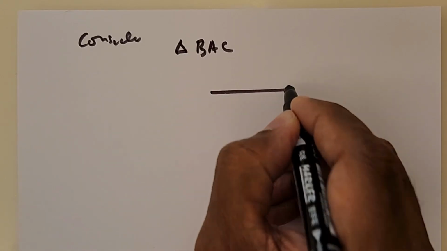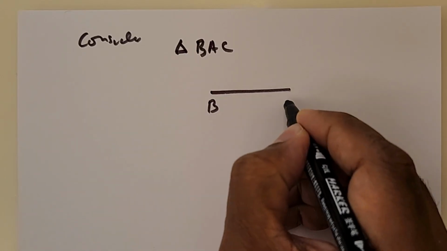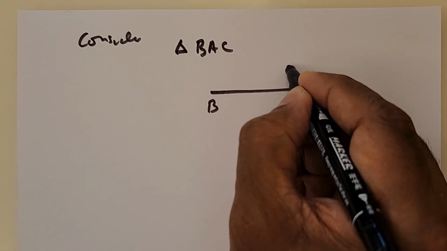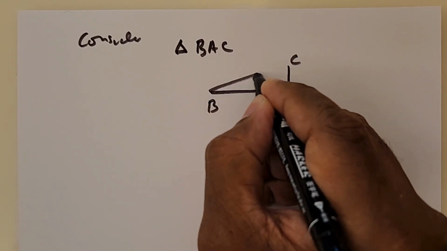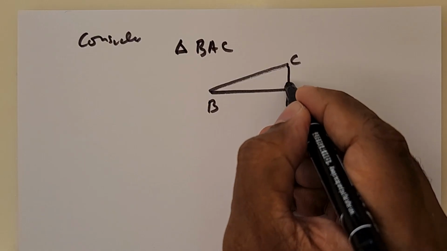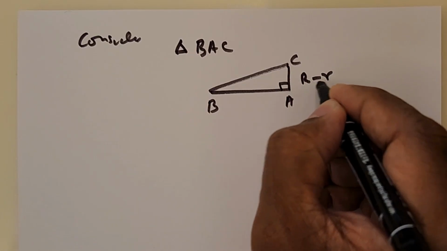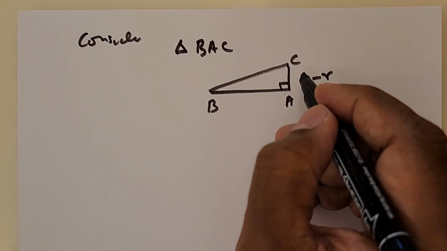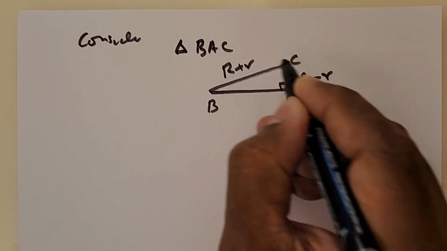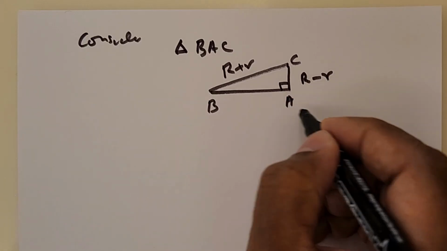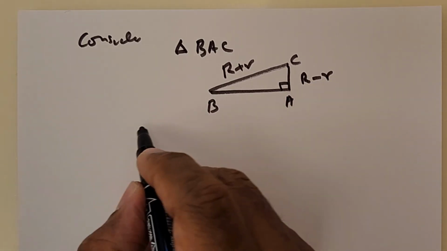Okay, so we got B here, we got A here, and we got C there. So we'll have to consider this. So there's a 90 degree angle over here, and AC I just showed you, it's capital R minus small r, and BC is capital R plus small r, and AB has to be obtained, right?